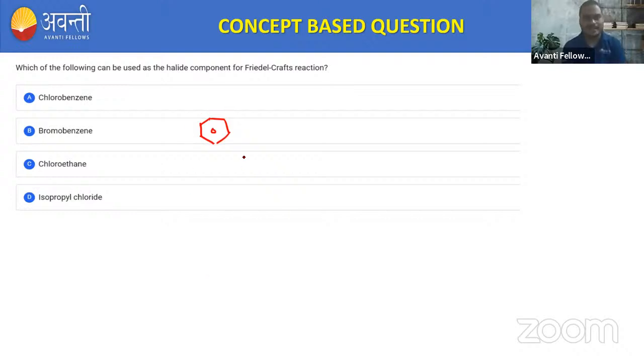This will react with CH3, CH, CH3, Cl in presence of anhydrous AlCl3, right?